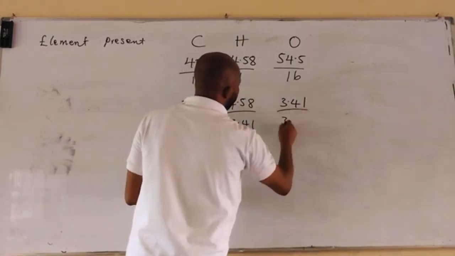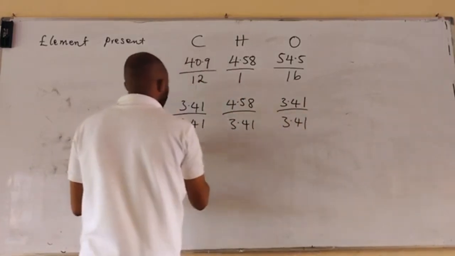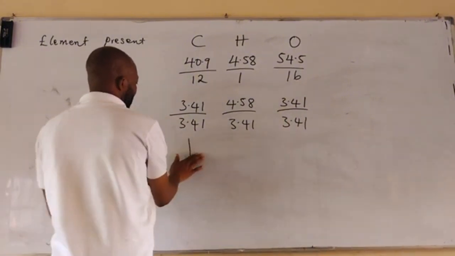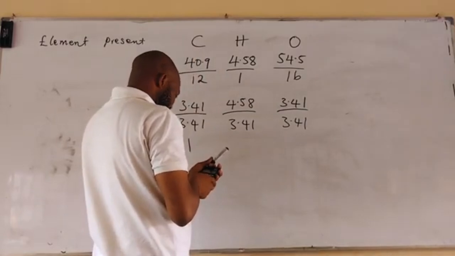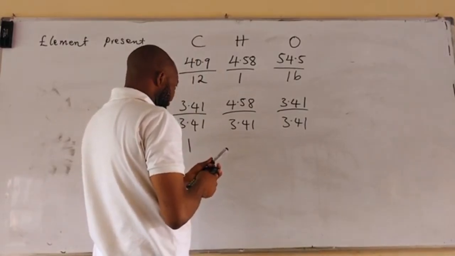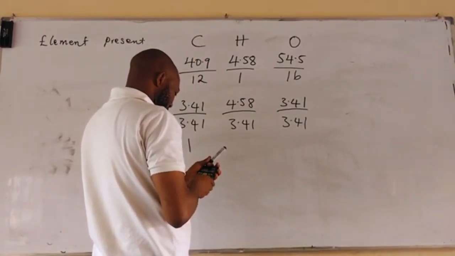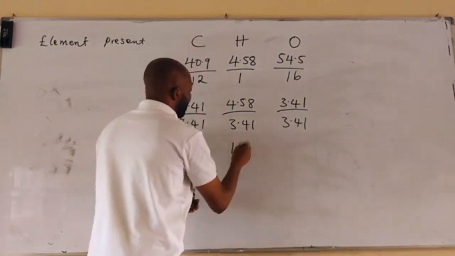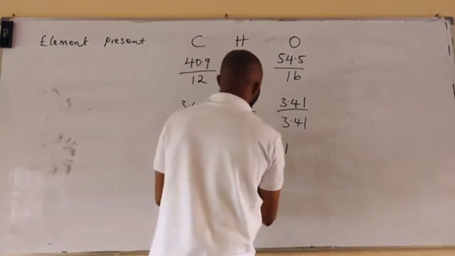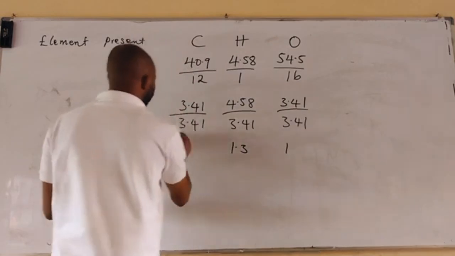So carbon is 1, and 4.58 divided by 3.41 is 1.3. Whenever we have this, we multiply through by 3.